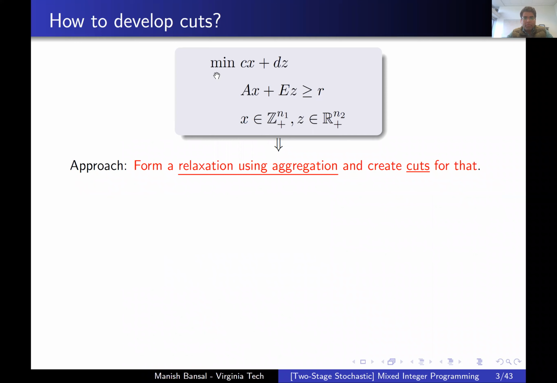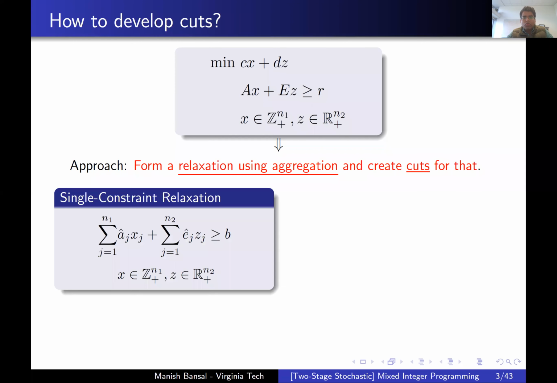So here is a problem I have, which has a linear objective function with a set of constraints, where x are non-negative integer variables and z is a set of non-negative continuous variables. So the approach is we form a relaxation using aggregation of these constraints and then create cuts for those aggregations. Now there are two ways to generate these aggregations.